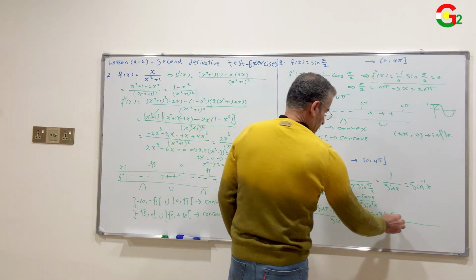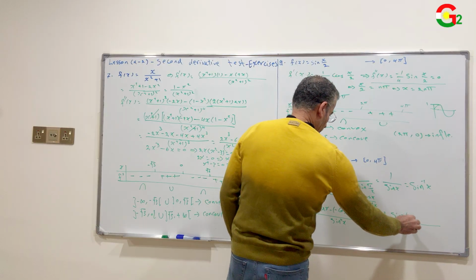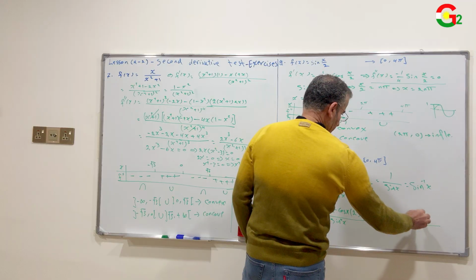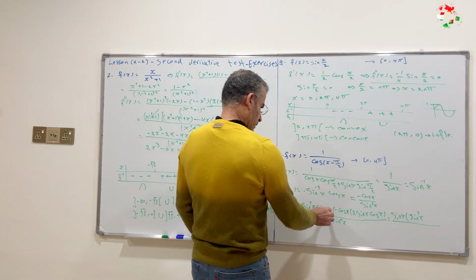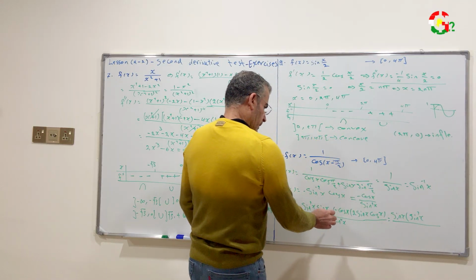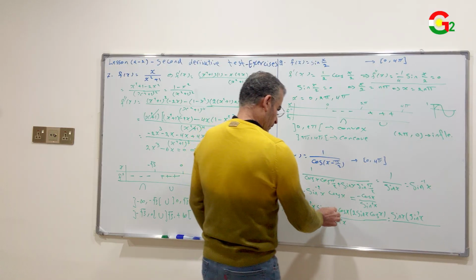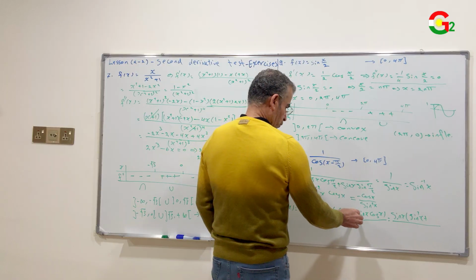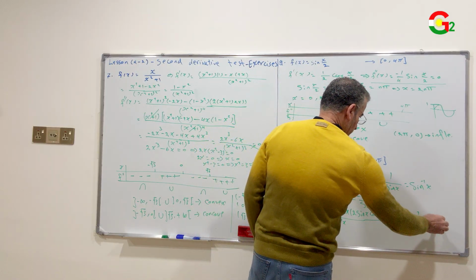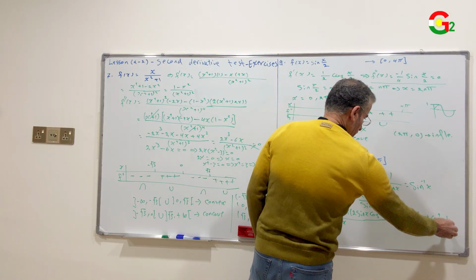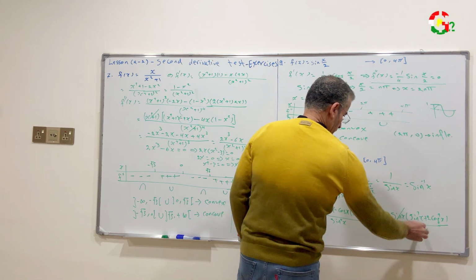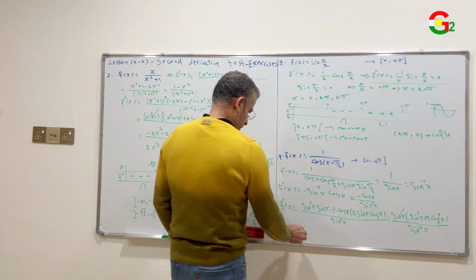factorized by sine x. From the first term we have sine square x. From the second term we have negative times negative, positive 2 cosine square x over sine power 4x. Reduce sine x with sine power 4x.